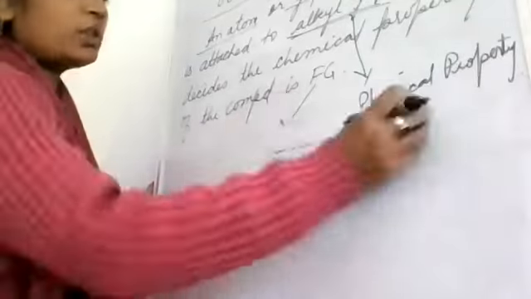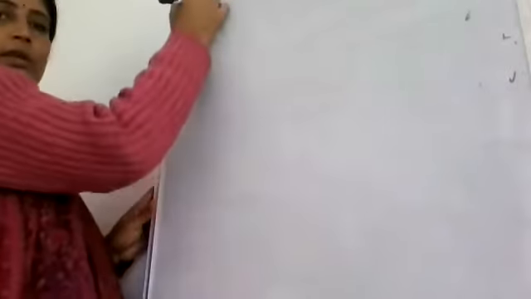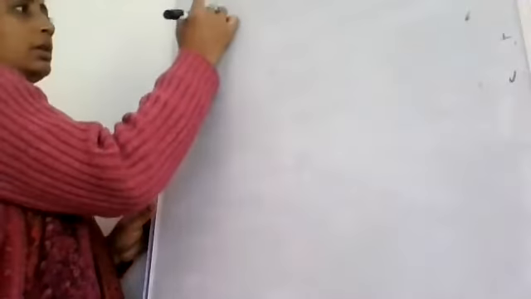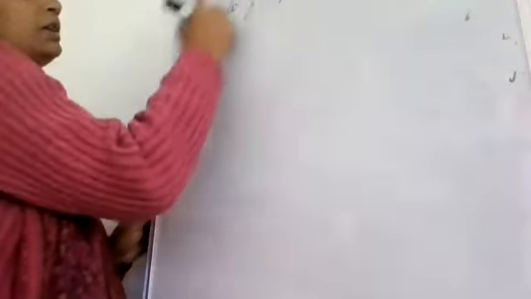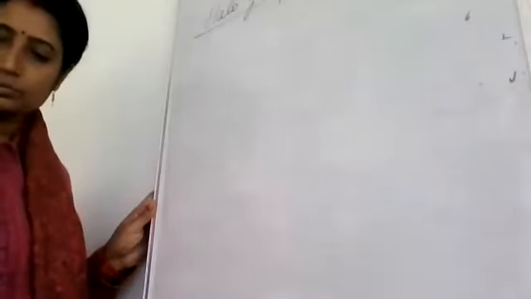So now the first functional group that we will do is the halo group. Not haloalkane, halo group. So can anyone tell me what halo means?